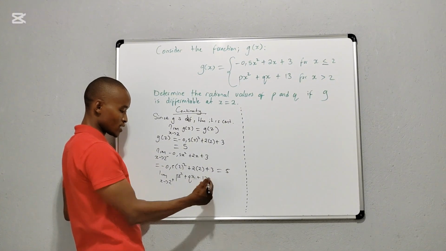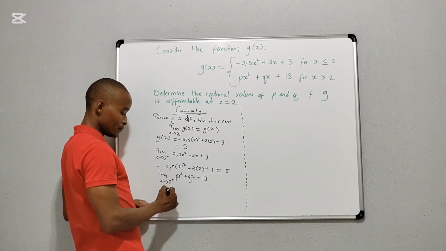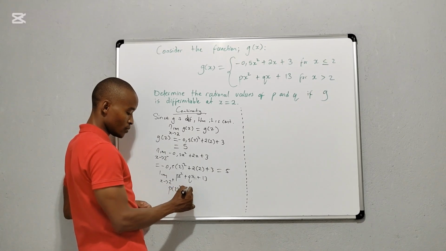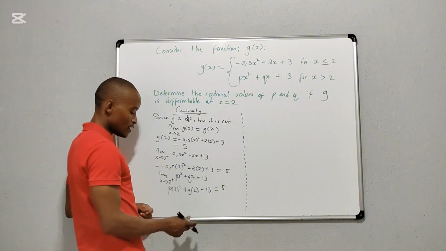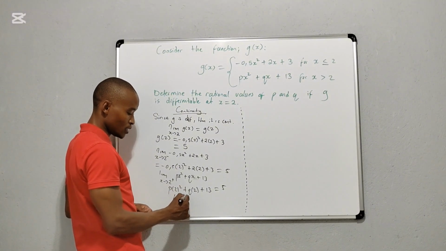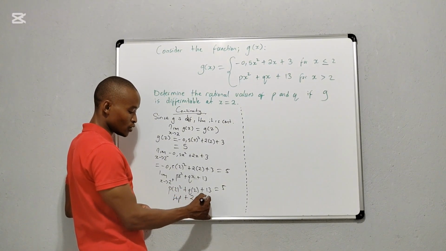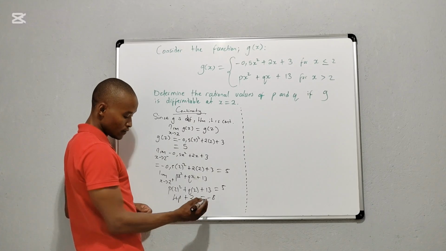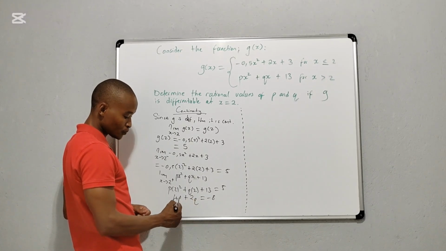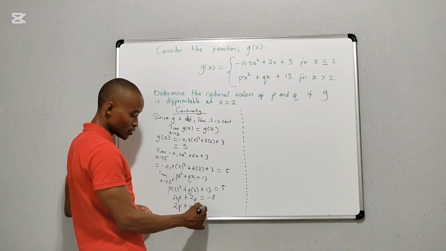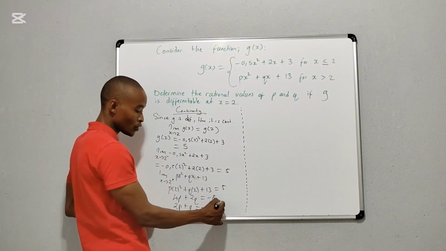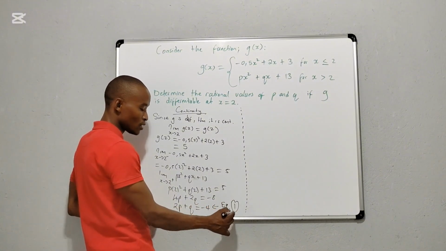So what is this now by substitution? p times 2 squared plus q times 2 plus 13. This must be 5. So if we clean up, we have 4p plus 2q equal to negative 8. Dividing both sides by 2, we end up with 2p plus q is equal to negative 4. We're going to regard this as equation 1.